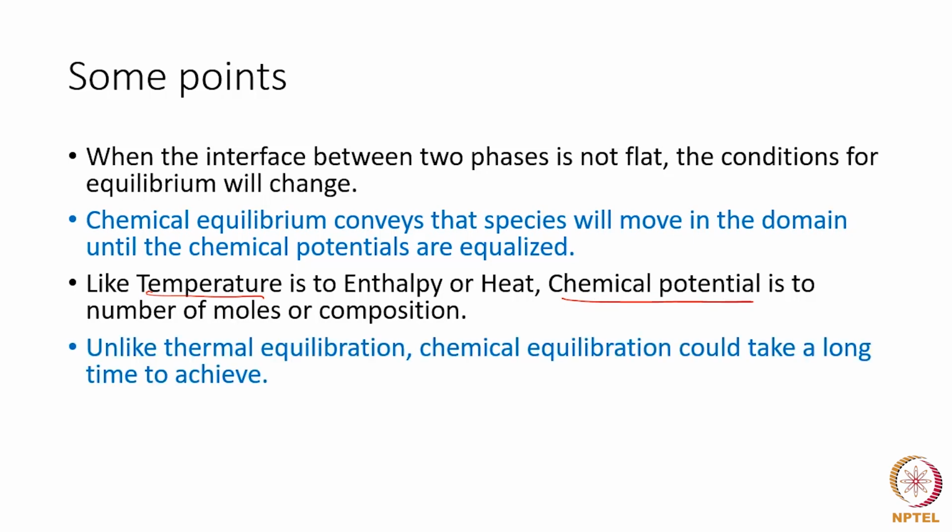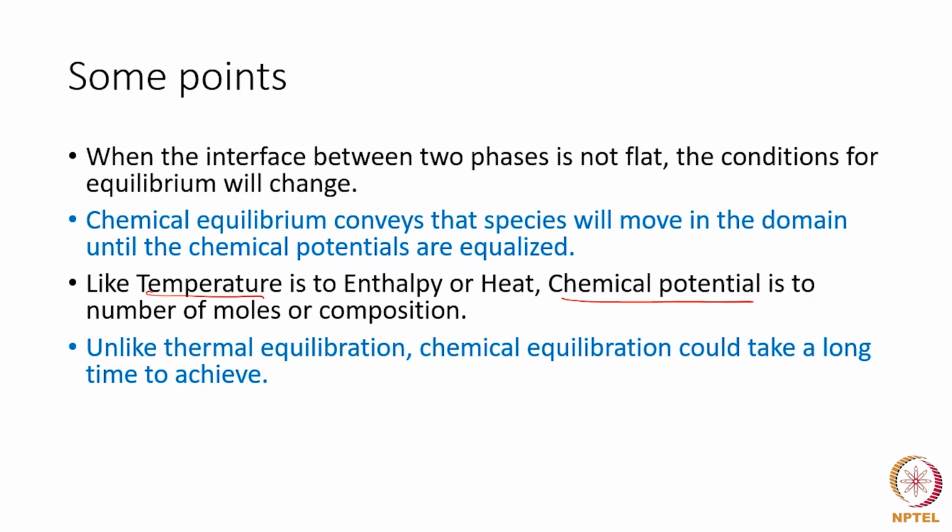And unlike thermal equilibrium, chemical equilibration will take a long time to achieve. The reason being that normally the thermal diffusivity for metallic materials is very high, whereas the chemical diffusivity is very poor. So what happens is that we may realize the thermal equilibration in an experimental scenario quite easily within a reasonable amount of time, but we may not actually end up realizing chemical equilibration completely in the entire domain.